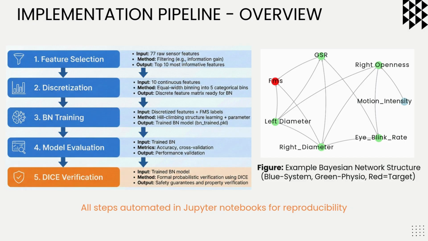As you can see in the right image, an example image of the Bayesian network structure. And for evaluation, I validated the model using 5-fold cross validation. And finally, I added DICE, a formal probabilistic programming language, to verify the model.